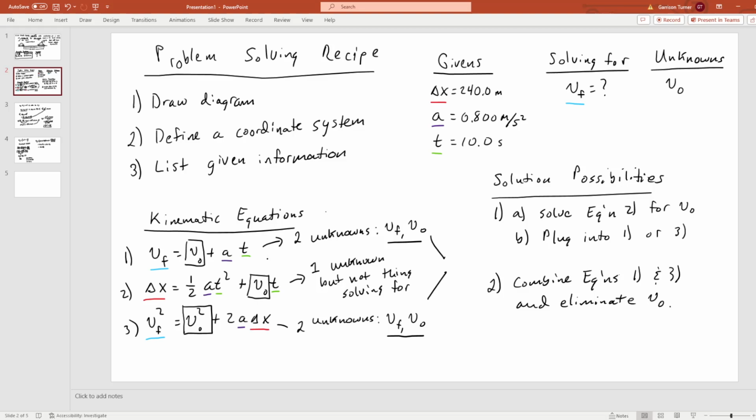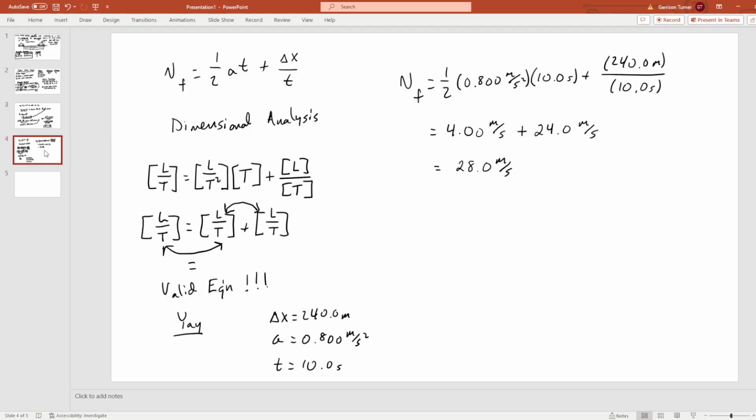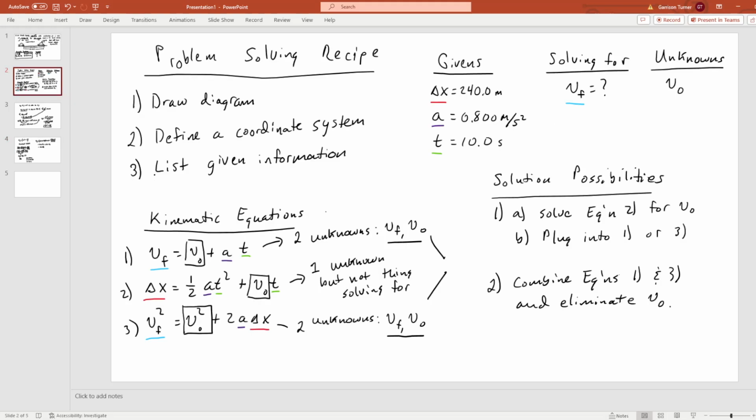Then how to correlate those with your kinematic equations, and then pick the equation or equations, pick the step or steps needed to solve, and then map out the exact way you're going to go about it. Okay? And then finally from there, doing dimensional analysis on your final derived result, and then solving your problem. Okay? So that is the recipe.